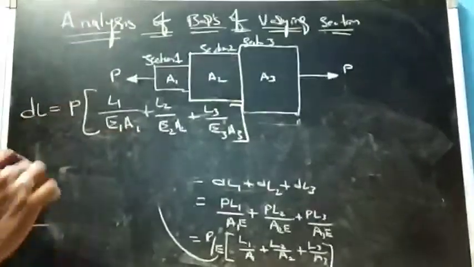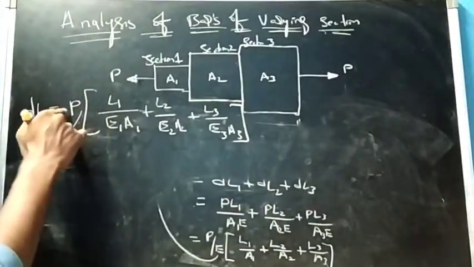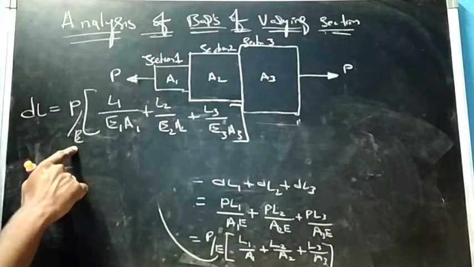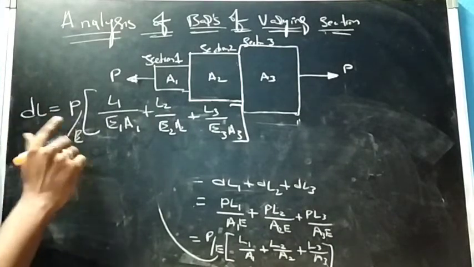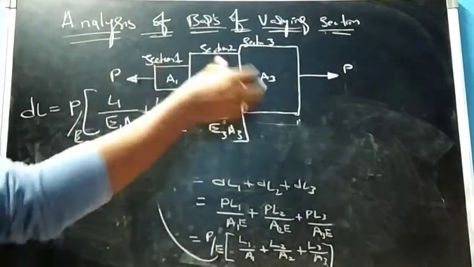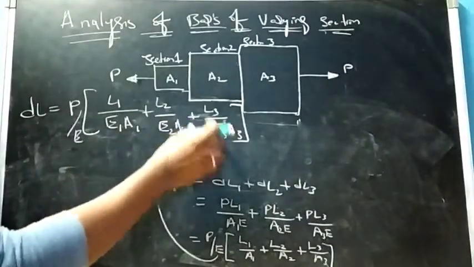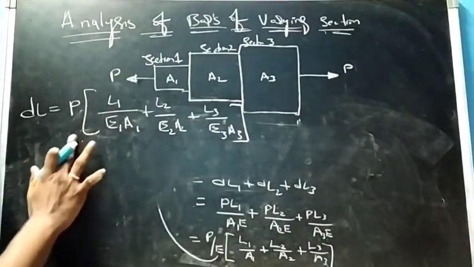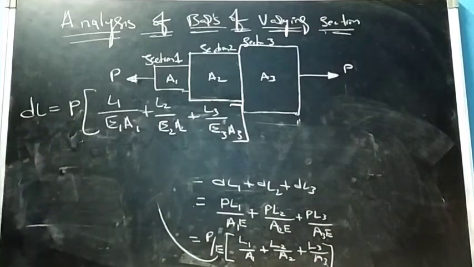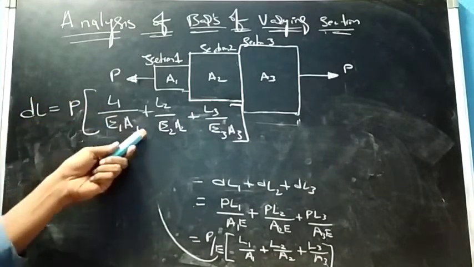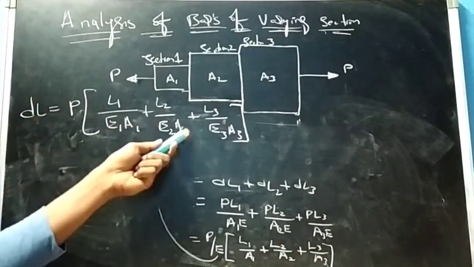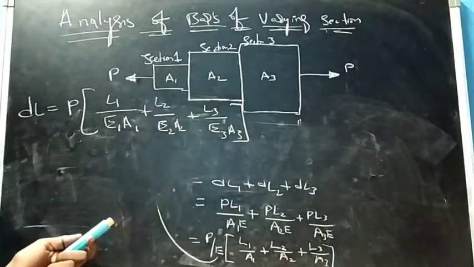If it is the same, you can take P upon E. If Young's modulus is different for each cross section, that is E1, E2, E3 vary, we can only take P, the load, as common, and then you write E1 A1, E2 A2 and E3 A3.